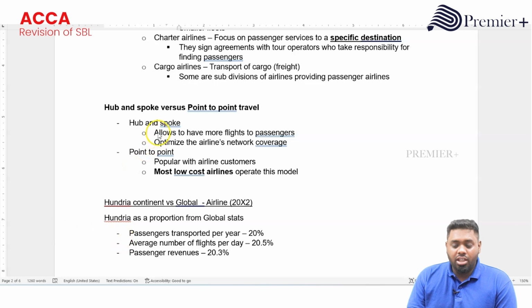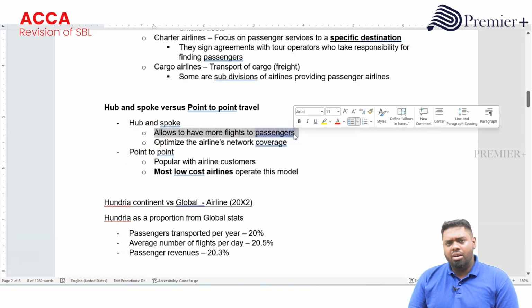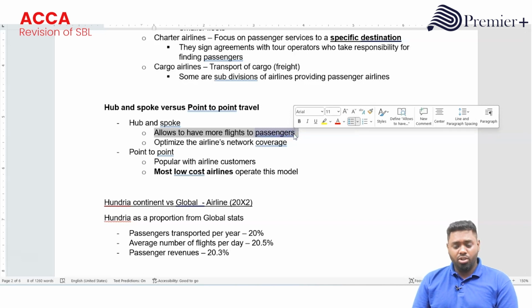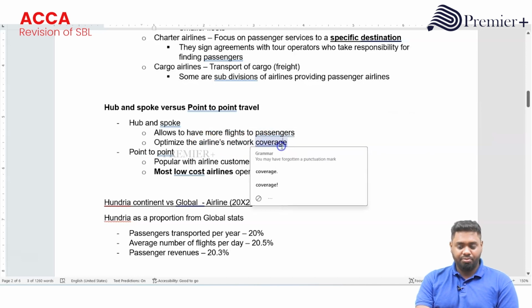Hub and spoke allows to have more flights to passengers. Many airlines go for the hub and spoke model because it allows the airline to have more flights to passengers, and they optimize the airline's network coverage as well.